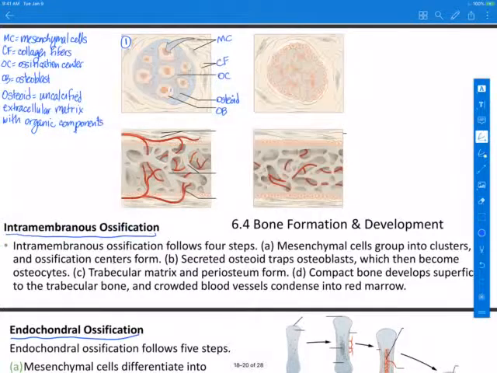And you can see that happening in the picture to the right, which would be right here. And so here we have osteoid. Actually, I'm going to switch to my little pointer. So this would be the osteoid in here. The osteoblast cells are these cells around the perimeter.